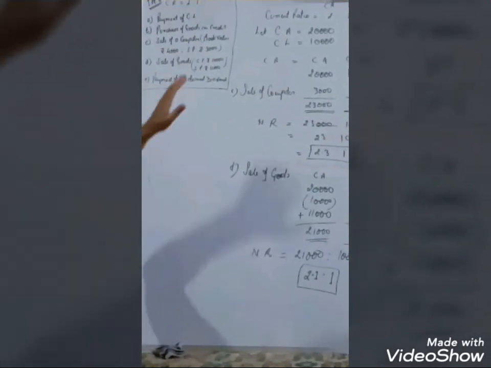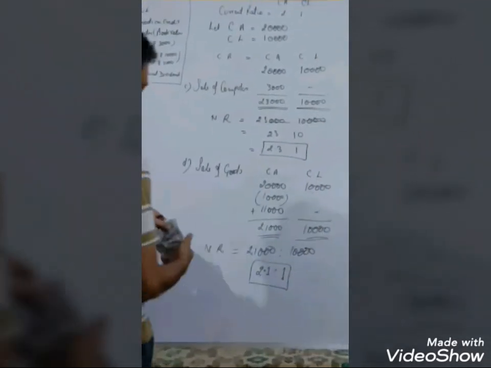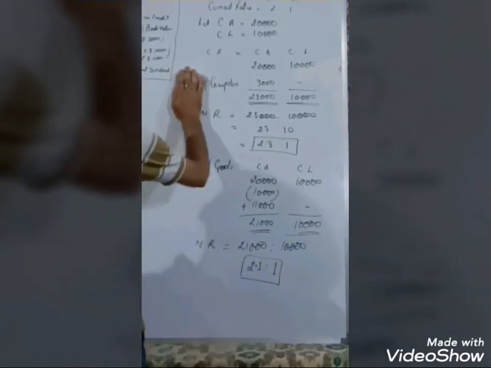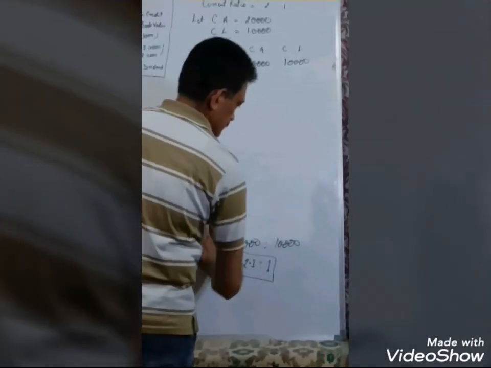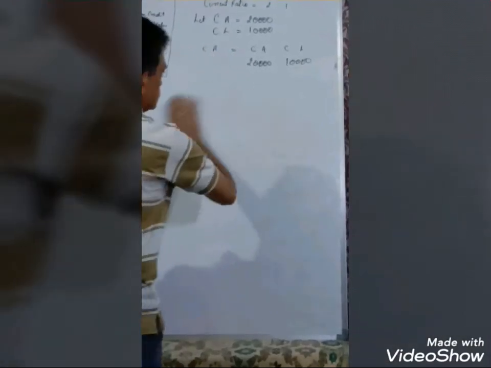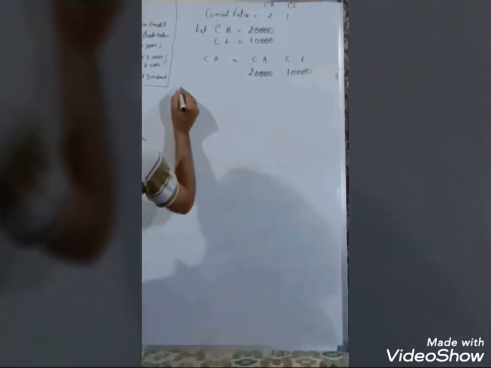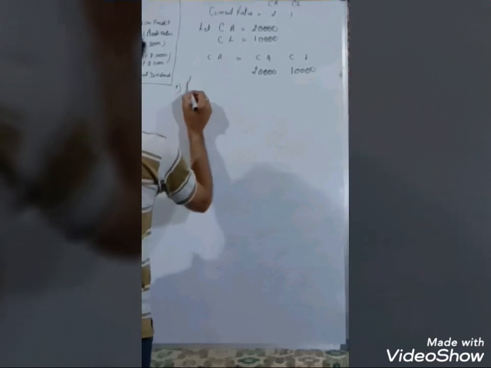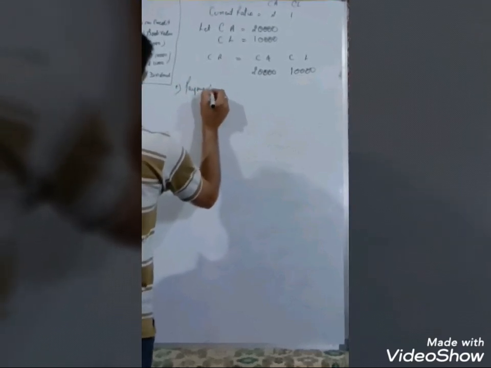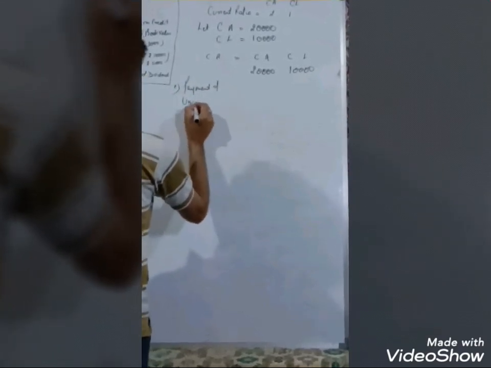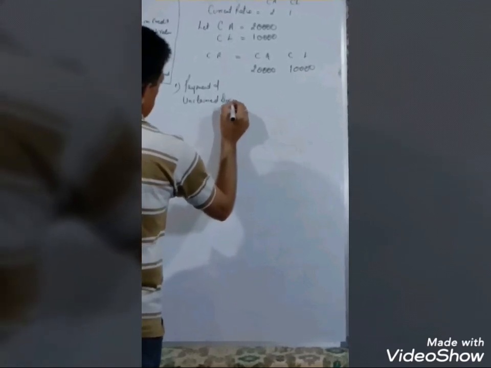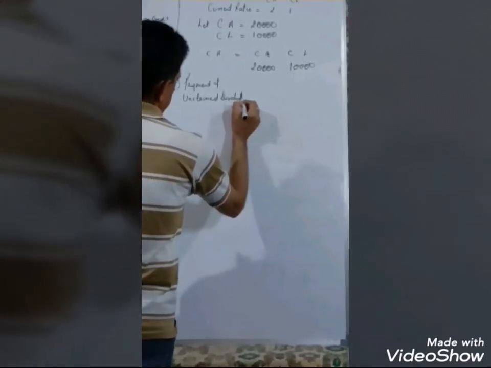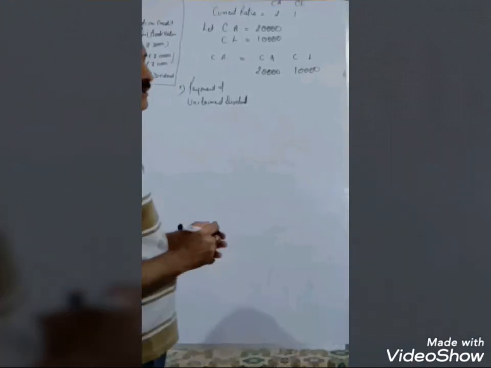Now we will take another transaction, payment of unclaimed dividend. Unclaimed dividend is a current liability.